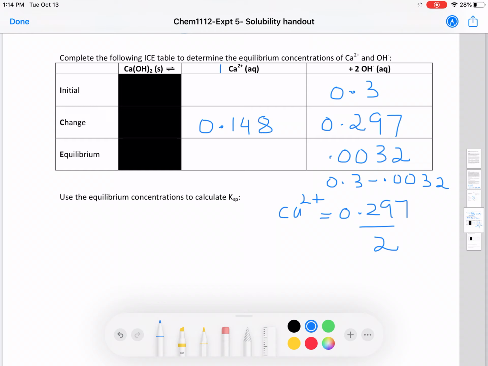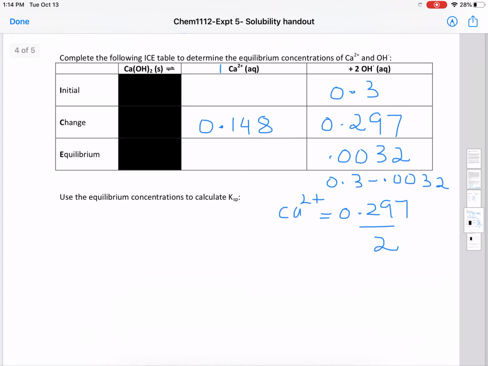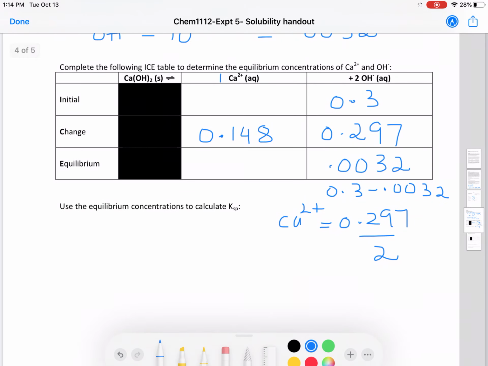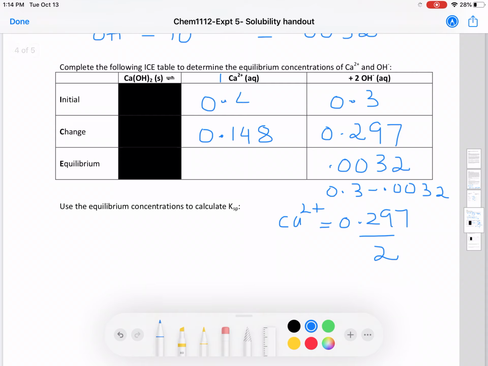0.148. Okay, and then the initial concentration, we calculated the initial concentration, which is 0.45, right? That's 0.45 for calcium ions. This calculation is exactly similar to what you did for our pre-lab calculations for the same experiment.